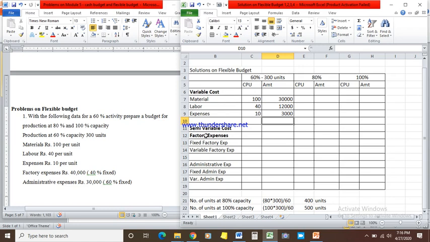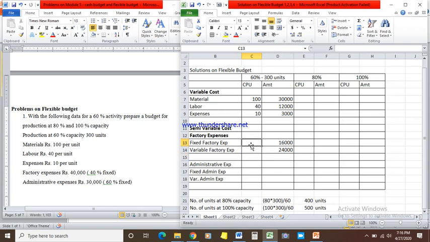When it comes to semi-variable cost, we have here factory expense. In the factory expense, 40% is fixed. So out of 40,000, 40% is fixed. 40% of 40,000 is 16,000 fixed. The remaining amount, that is out of 40,000, 16,000 minus, so 24,000 is variable.